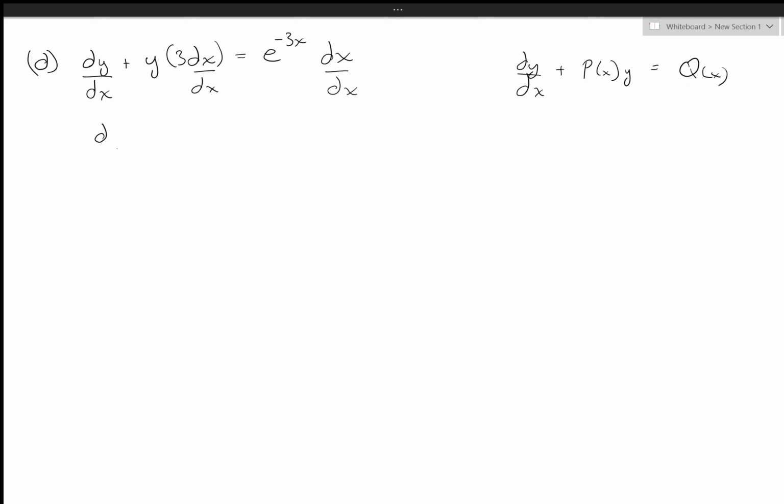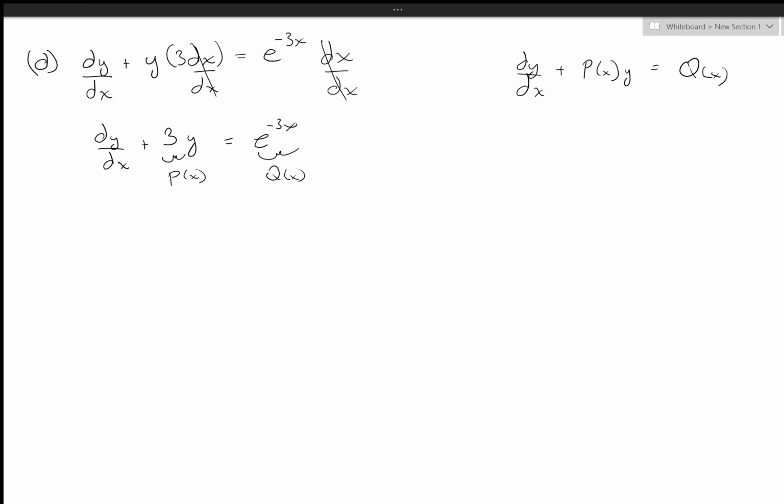And what we get is dy/dx plus 3y equals e to the negative 3x. These cancel. So we have p of x is 3, q of x is e to the negative 3x.